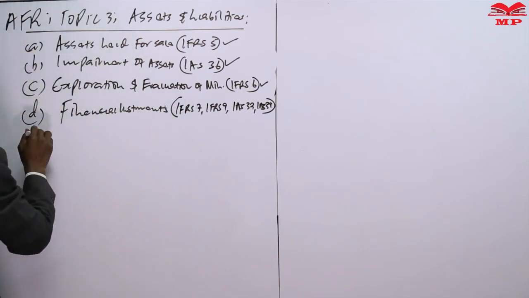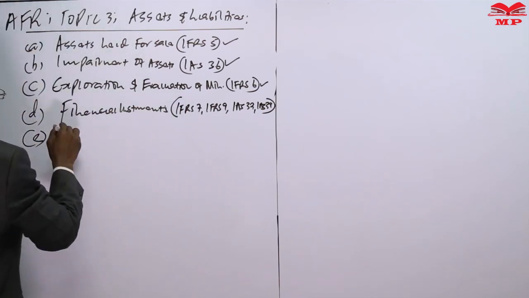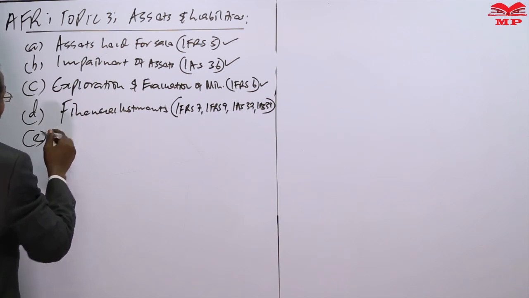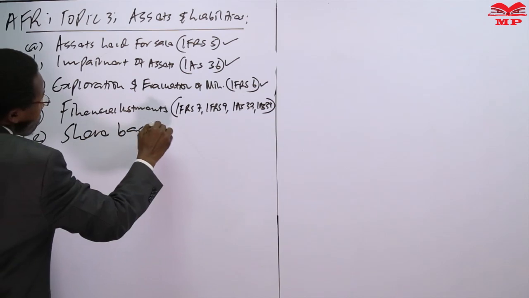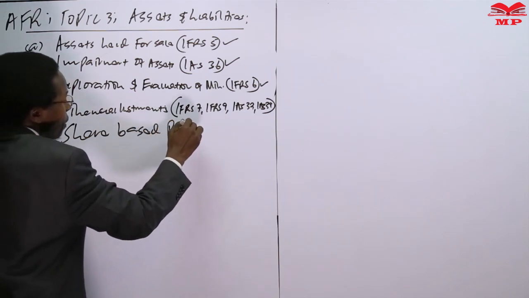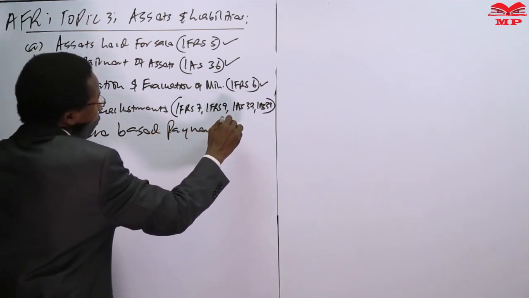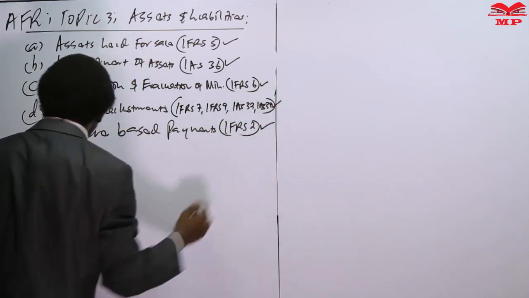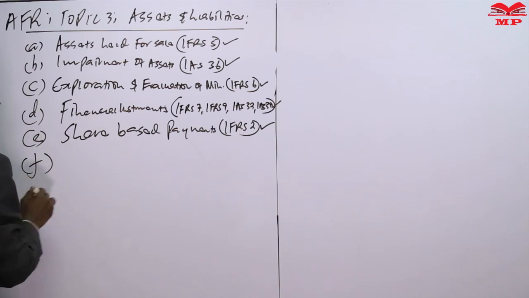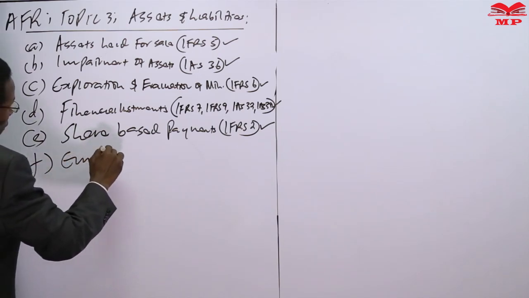Then don't forget, we also looked at share-based payments. This is IFRS 2. So we have done this and this. And now we need to do employment benefits.